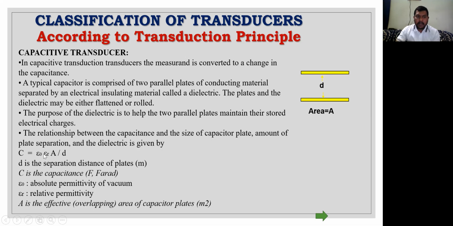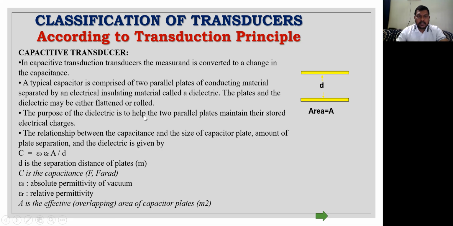C equals epsilon 0 epsilon r A by d, where d is the separation distance between the plates in meters, and C is the capacitance in farad. Epsilon 0 is the absolute permittivity of vacuum, epsilon r is the relative permittivity, and A is the effective overlapping area of the capacitor plates, in meters squared, right?